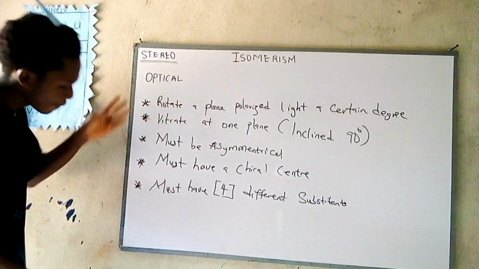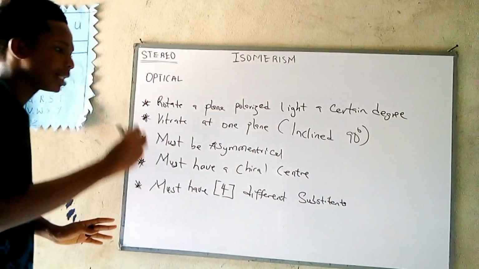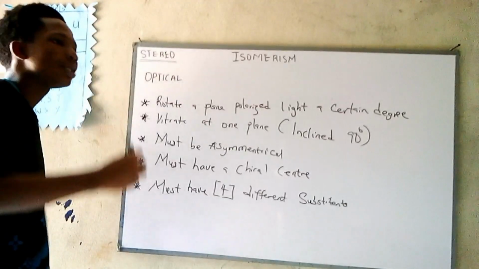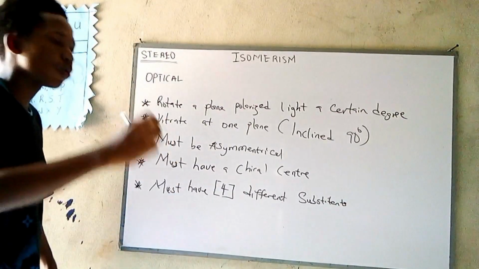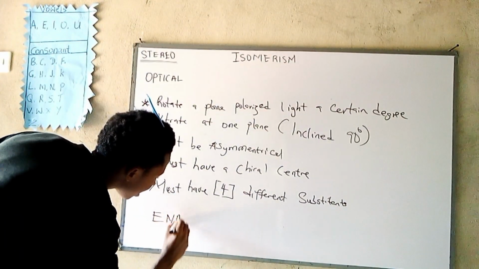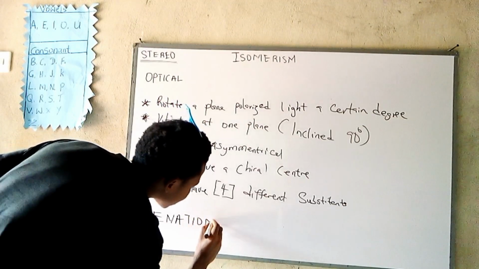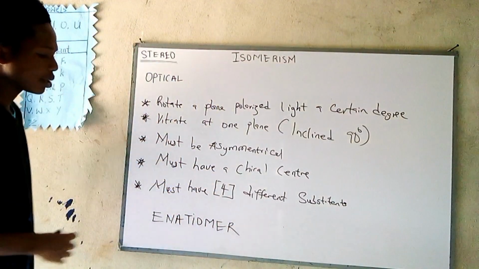So take note of these 5 characteristics. Finally, every compound which is optically active, which can create a mirror image of itself, is called an enantiomer. Don't forget, they are called enantiomers.